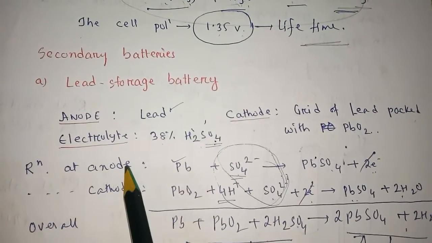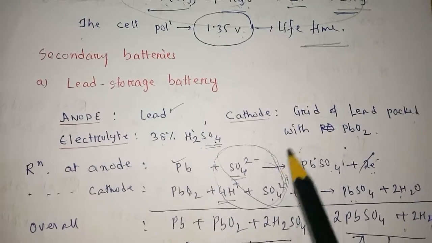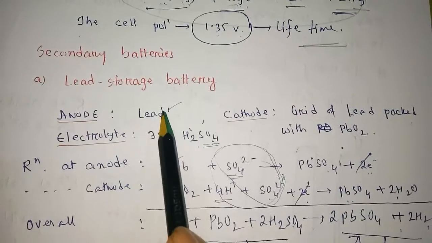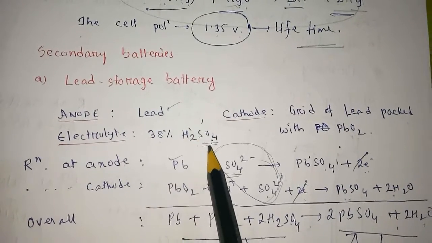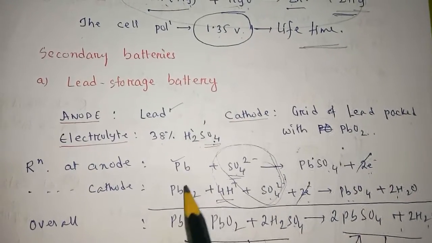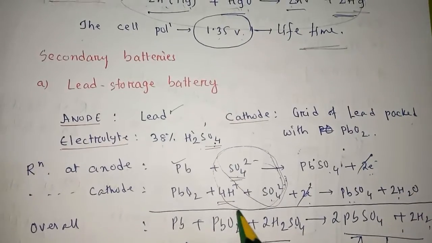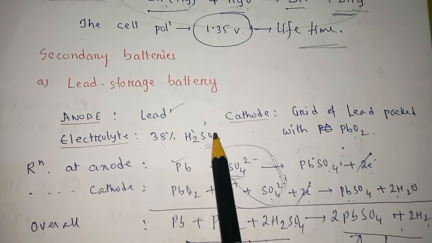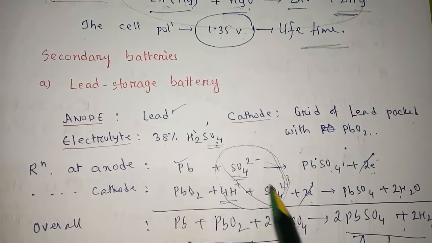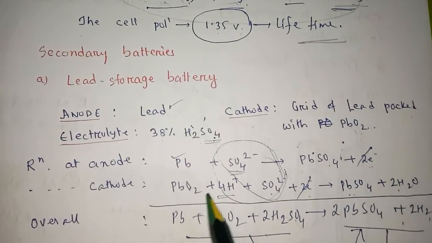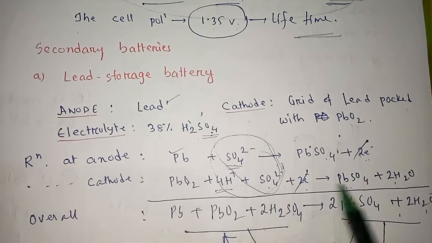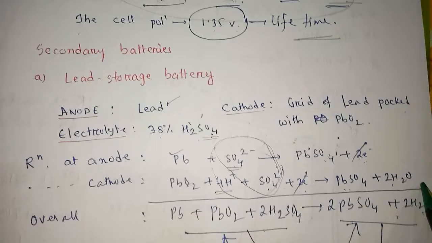The reaction at the anode: lead reacts with SO4 2-, forming PbSO4 plus 2 electrons. Now PbO2 at the cathode reacts with SO4 2- and 4H+, with the 2 electrons we get from the earlier reaction, to give PbSO4 plus 2 water.